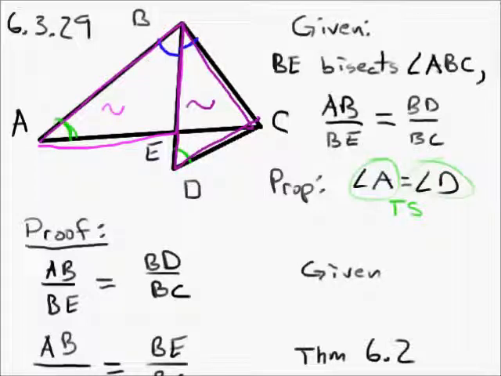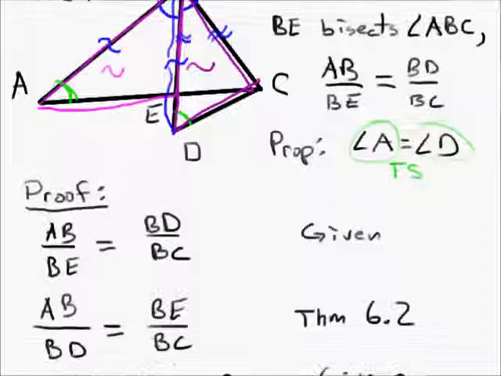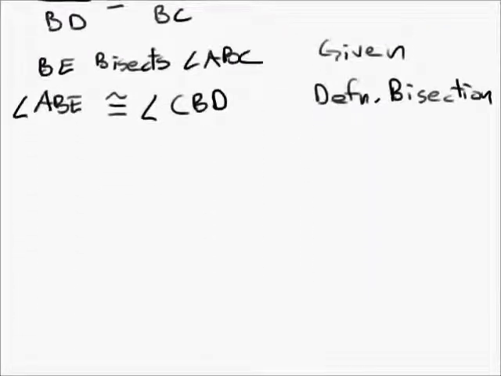Recall again that the sides that we had similar was this one, AB, similar to this guy, BD, the full length. And then we had BE, the short length, being proportionate to BC. So if we draw out these triangles, that really helps you see what's going on here.